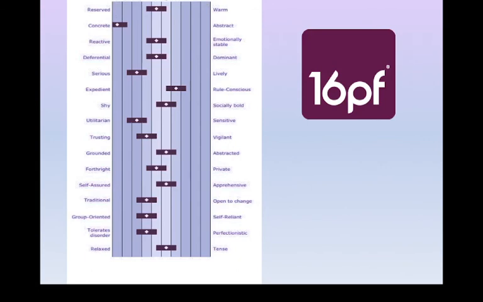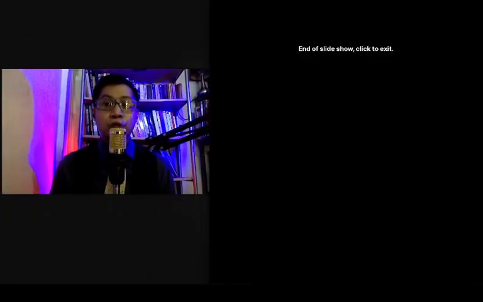Halimbawa, in a scale of 1 to 10, gaano ka ka-reserve? 1 is lowest, 10 is the highest. In a scale of 1 to 10, gaano ka ka-concrete? 'Di ba? 1 is the lowest, 10 is the highest. Yun lang, meron pa silang label doon sa kabilang continuum, no? But again, 16PF or 16 personality factor is using the STAN system in interpreting the raw scores.